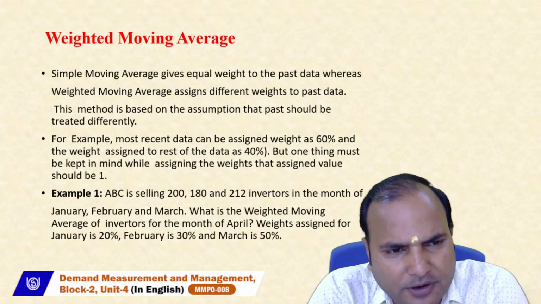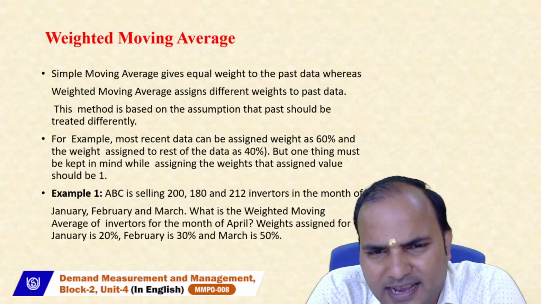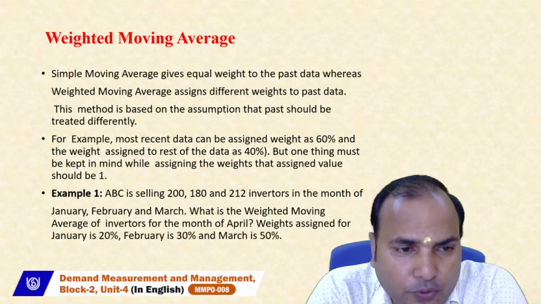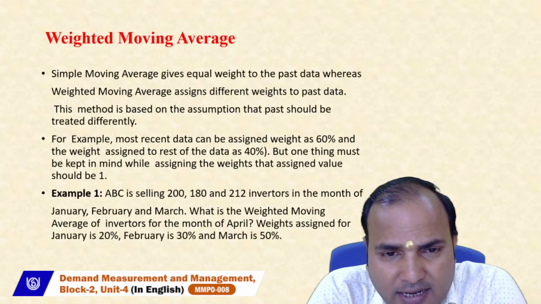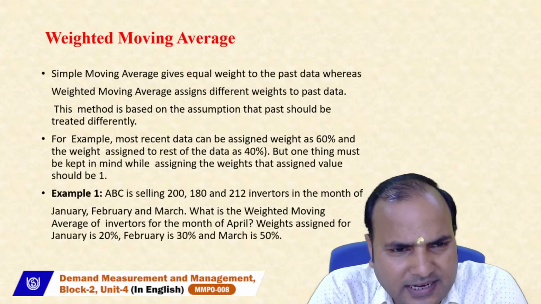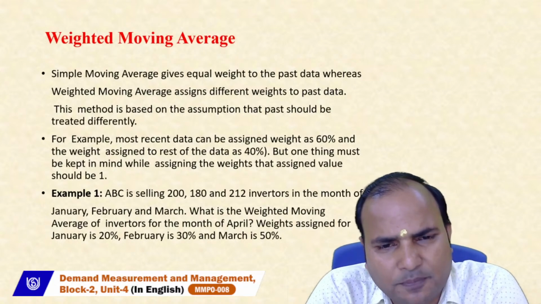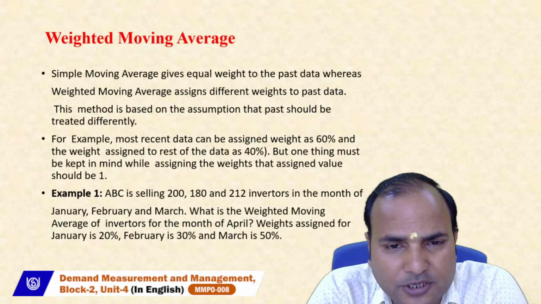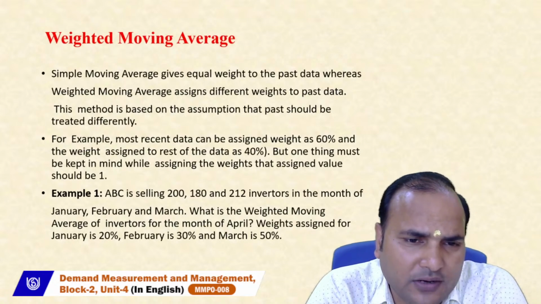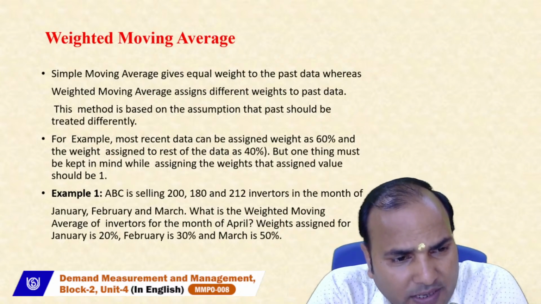For example, the most recent data can be assigned a weight of 60% and the rest of the data 40%. Recently collected data gets a weightage of 60% and the previous data 40%. But one thing we must keep in mind while assigning the weights is that the total should be 1.